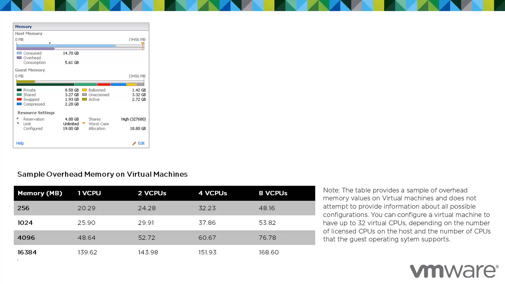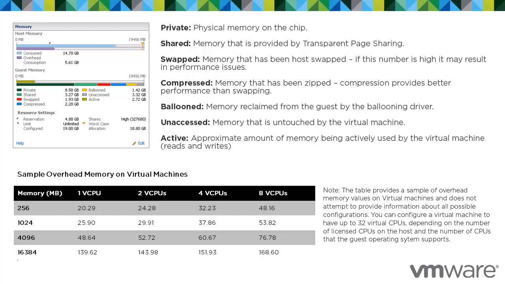The next section is the guest memory. The fields are as follows: private, physical memory on the chip; shared, memory that is provided by transparent page sharing; swapped, memory that has been host swapped. If this number is high, it may result in performance issues; compressed, memory that has been zipped.